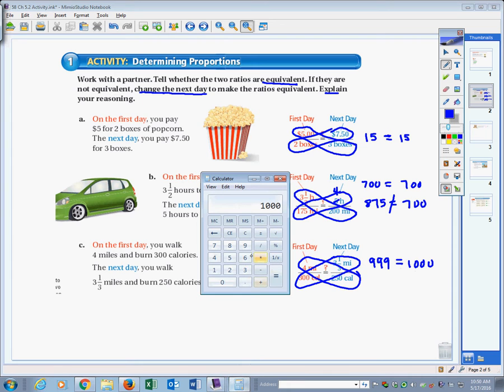I don't know if it would make all that big of a difference if I went ahead and did 1 divided by 3 and then multiplied that by 300. So that's going to probably get you closer.